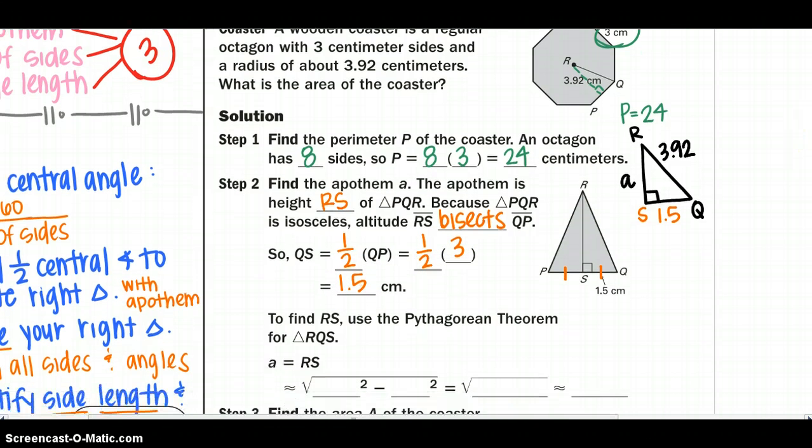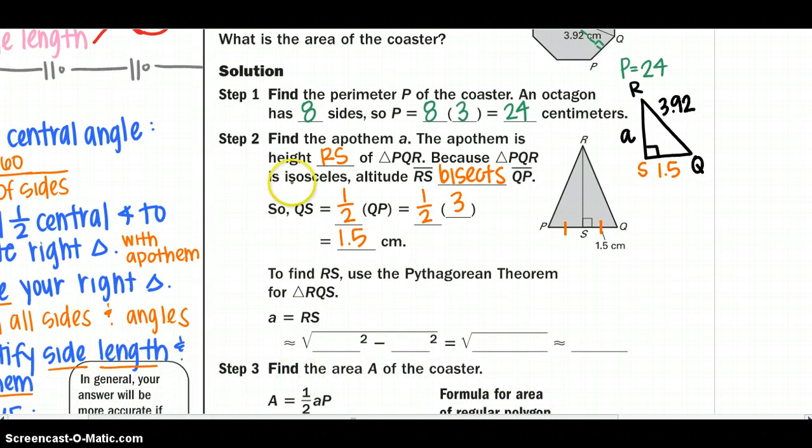Alright, well now we have a right triangle and we have all the information that we need to use our favorite little equation, the Pythagorean theorem. Again, just as a reminder, a squared plus b squared equals c squared. They've done it a little bit differently, so I'm just going to write it out how we normally talk about it. So we would say a squared plus 1.5 squared equals 3.92 squared.